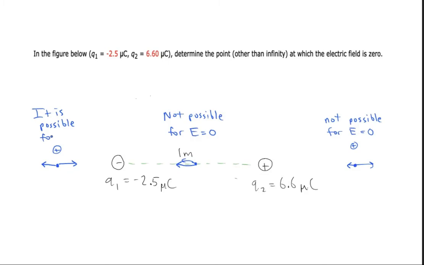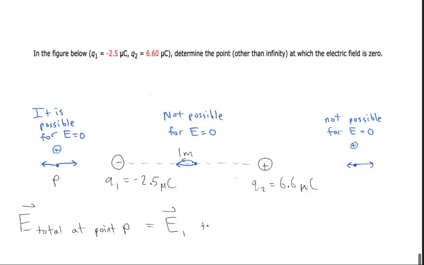So now what we want to do is find the fields at this point P. Okay, so the E total at point P has to be a combination of E due to the first charge plus E due to the second charge.